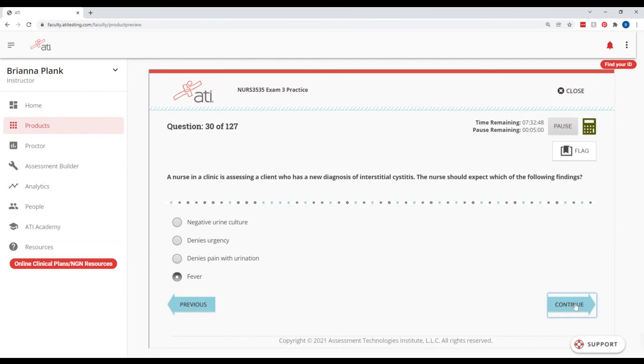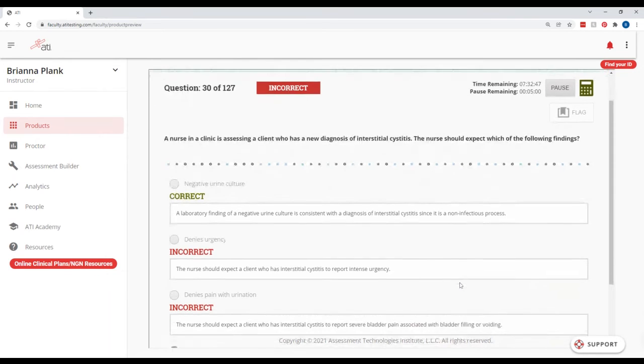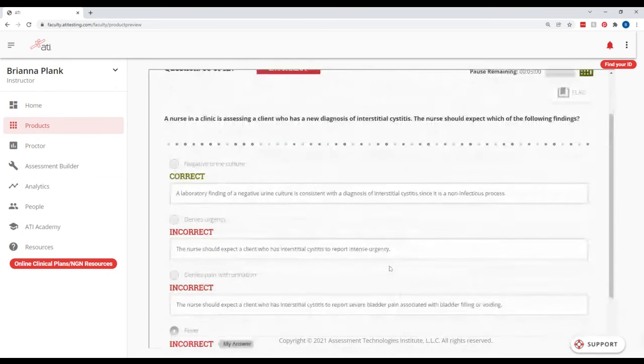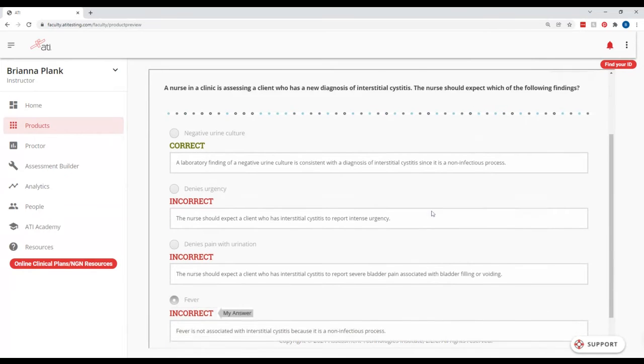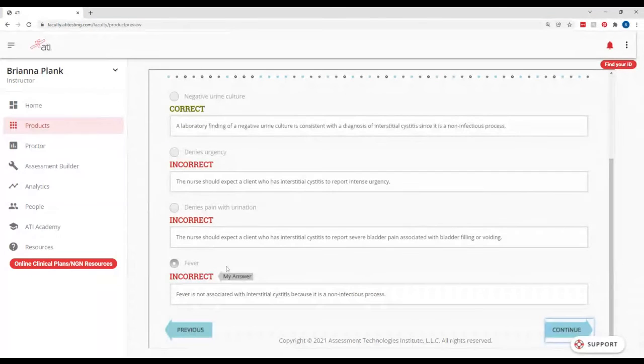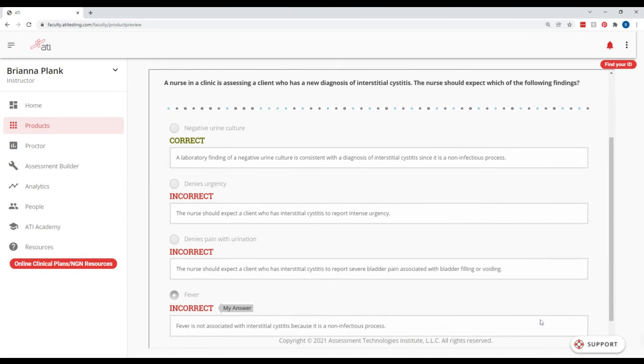Yes, exactly. Oh, I lied. So we wanted negative urine culture. I would have guessed fever for D, yeah. So interstitial cystitis is non-infectious.